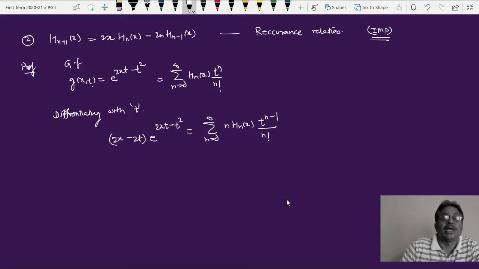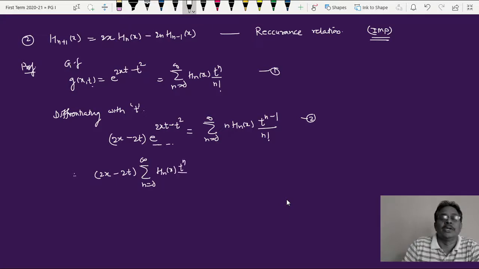Now you can replace this: earlier this was equation 1, this is equation 2. I can use equation 1 in equation 2 here. Therefore I can write, in the bracket twice x minus 2t, this can be written as summation over n equal to 0 to infinity hn of x into t raised to n upon n factorial is equal to summation over n equal to 0 to infinity n times hn of x into t raised to n minus 1 upon n factorial.